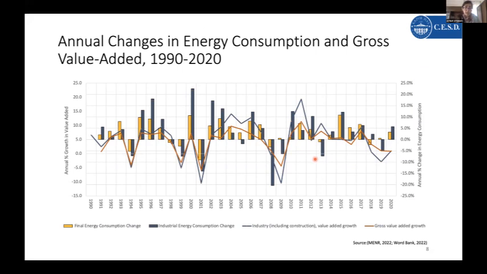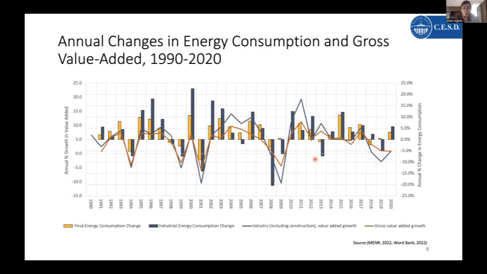By the way, I should explain in a little more detail. The energy consumption here is given for final energy consumption change and also industrial energy consumption change. Similarly, value-added growths are given for industry and the gross value added. As I said before, energy consumption decreased in only 10 years.